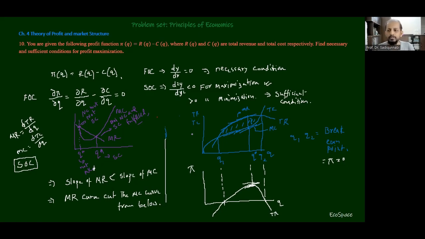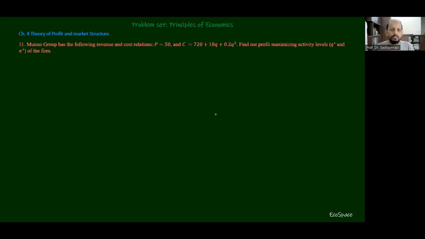Let's move to the second problem of this chapter 4. So what is this second problem? The second problem says that Munno Group has the following revenue and cost relation.